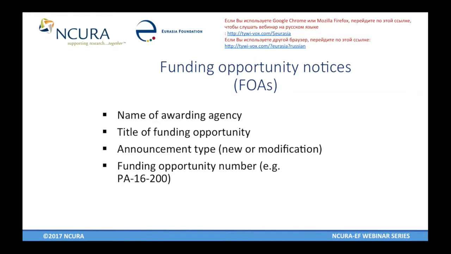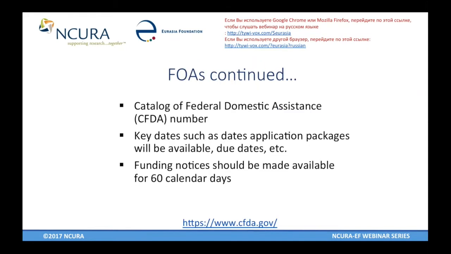This reminds me that some announcements point to additional guidelines, like guidelines for online submissions. It is important that you have all the applicable guidelines prior to writing the proposal. Most FOAs, particularly those issued by U.S. federal funding agencies, also include a Catalog of Federal Domestic Assistance number, or CFDA number.